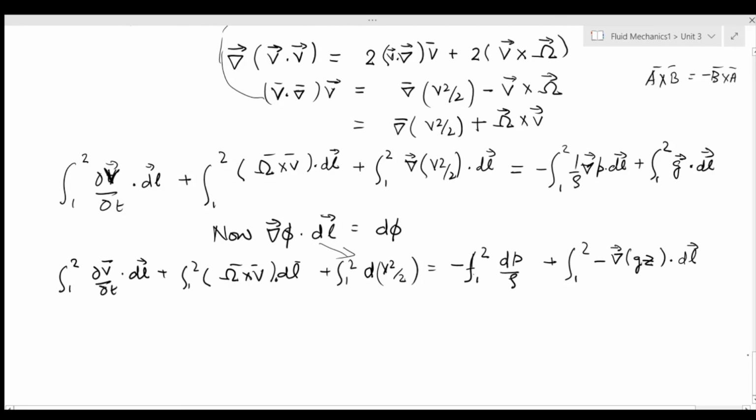Now this right hand side can be further written as minus integral 1 to 2 of dp by rho minus integral 1 to 2 of d of gz. That's something which I can write.